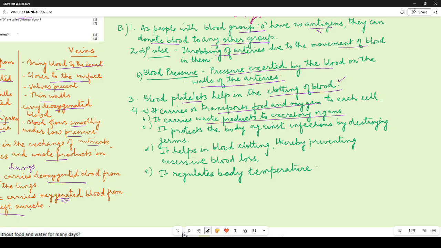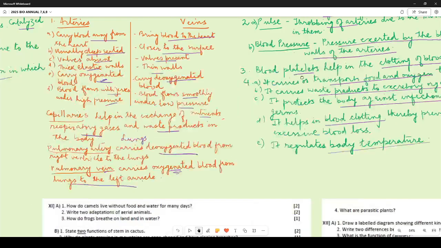That is another function. Then it protects the body against infections because it has WBCs, by destroying germs. It helps in blood clotting because it has blood platelets, and that's how excessive blood loss is prevented. And it also regulates the body temperature.